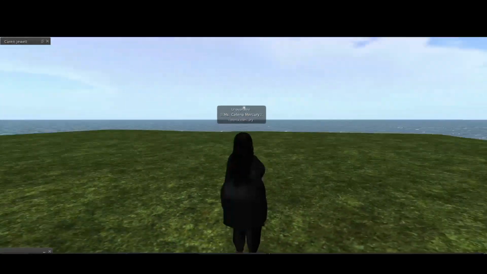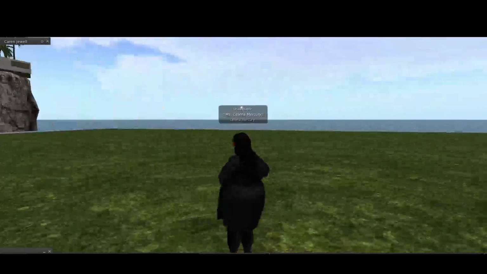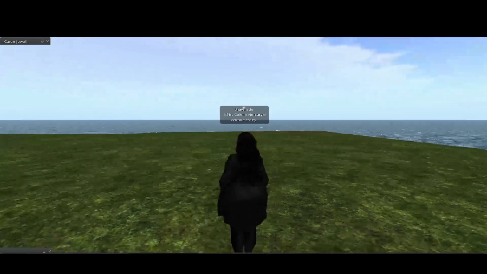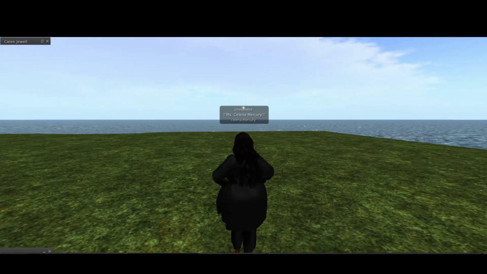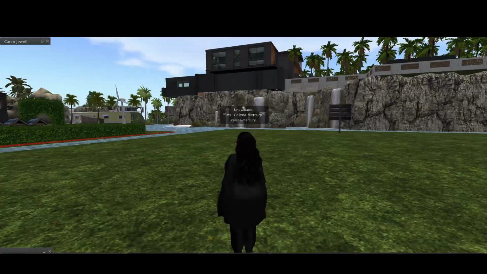Not at all. Of course, as I face away from the water, my frame rates get up to about 100 per second because I'm not looking at anything. But when I turn this way, let's wait a second or two.